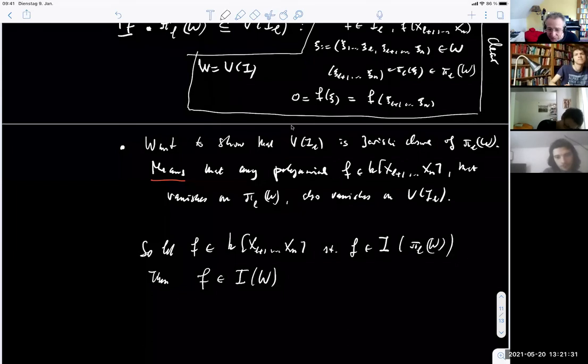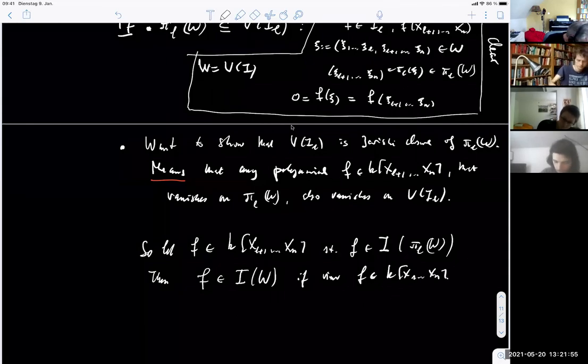So this and this are equivalent for polynomials only depending on the last m minus l variables. It's the same. Okay, so if I view f as a polynomial in all variables.